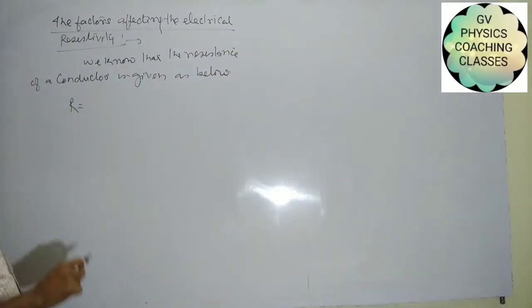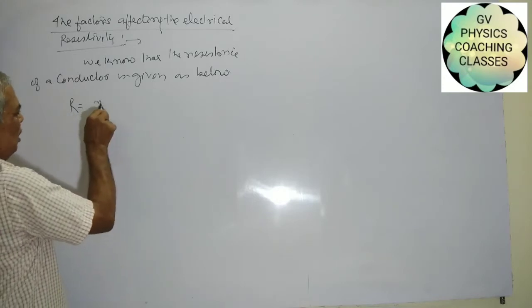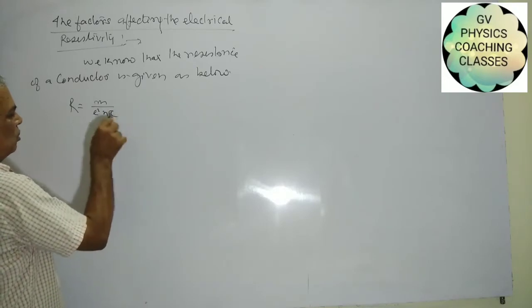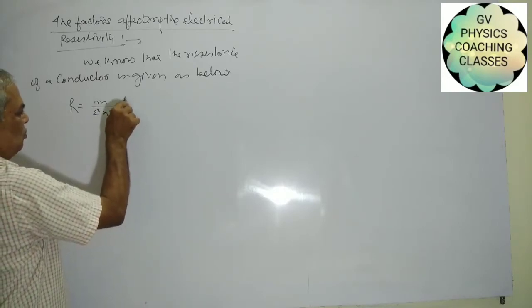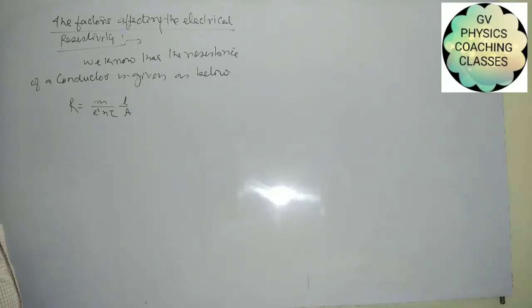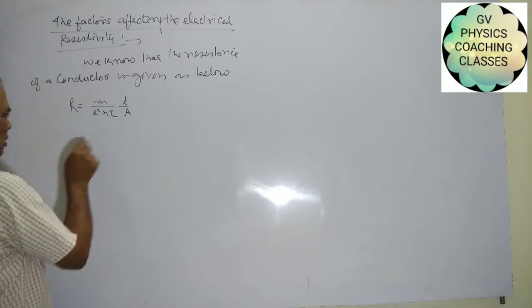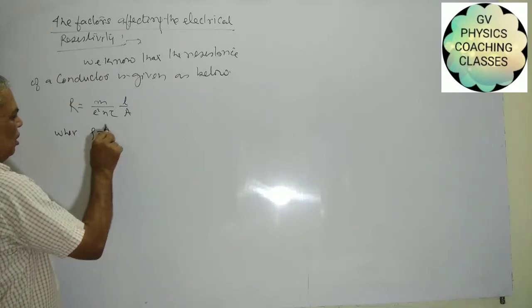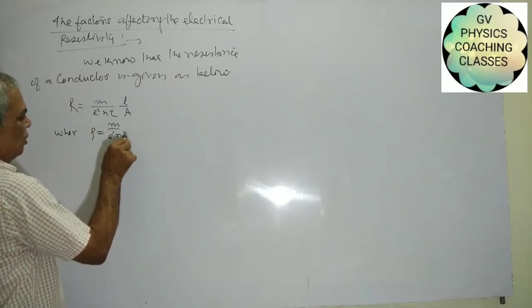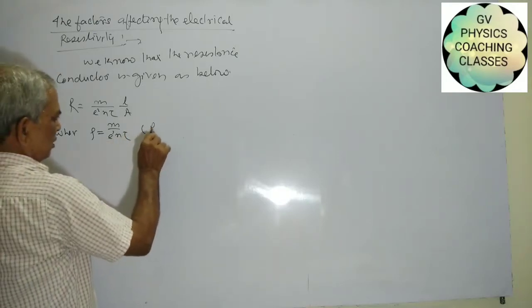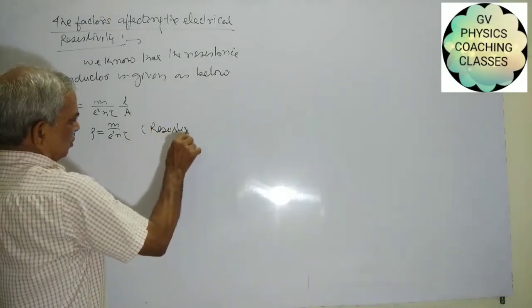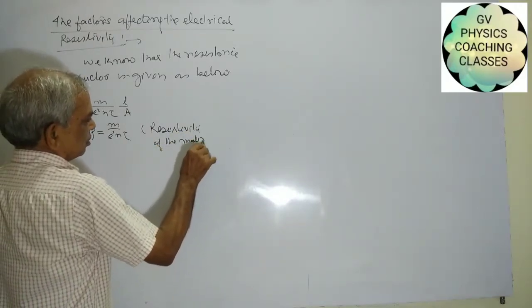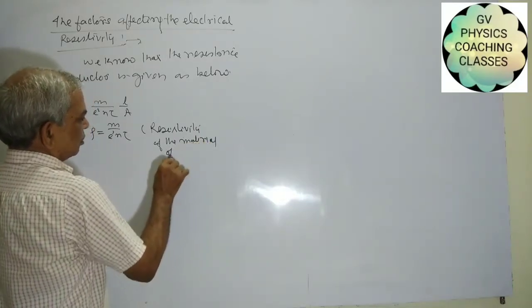R equals m upon e square n tau, L upon A, where m upon e square n tau is equal to the resistivity of the material of the conductor.